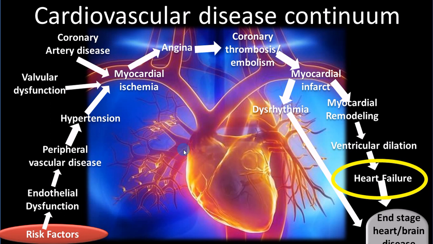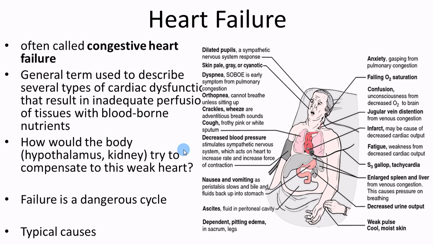Okay, so let's move on to heart failure, kind of moving into the end stage here. Heart failure, a lot of times we call it congestive heart failure, and it actually describes a lot of types of cardiac dysfunction that are not giving adequate perfusion. So you can have left heart congestive heart failure, which doesn't pump to the system efficiently. Usually you see the brain not getting enough circulation, all of the organs not getting enough circulation, including the skin, so they turn pale, right?